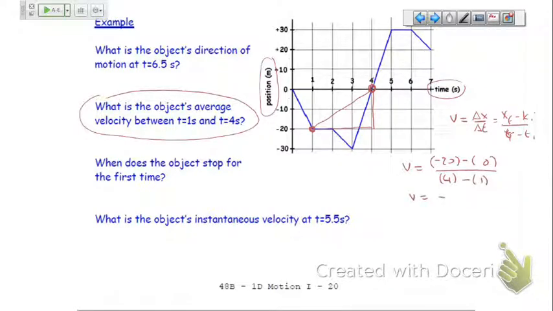So V is equal to minus 20 over 3, which equals minus 6.66 meters per second. Make sure you can do that. I'm going to stop that there.